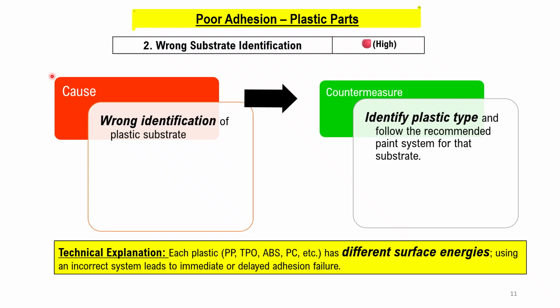The second probable cause could be wrong substrate identification, that is, wrong identification of the plastic substrate. Since each plastic, such as PP, TPO, ABS, polycarbonate, etc., has different surface energies, using an incorrect system leads to immediate or delayed adhesion failure.